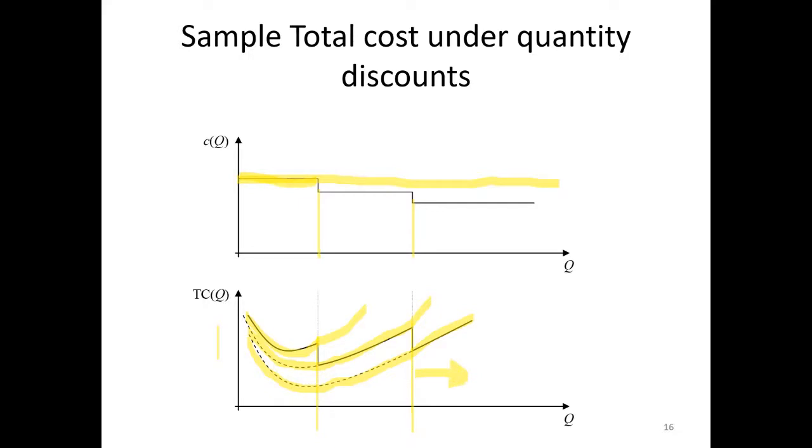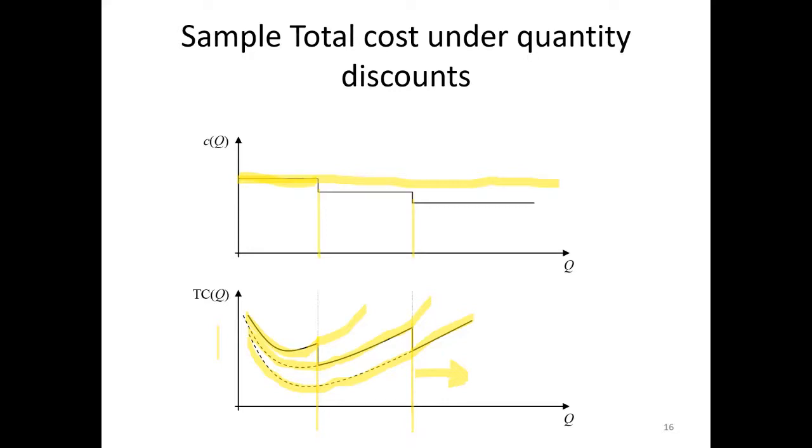So this is how the total cost function will be affected by the changes in the unit purchase price, when it becomes a function of the ordered quantity.